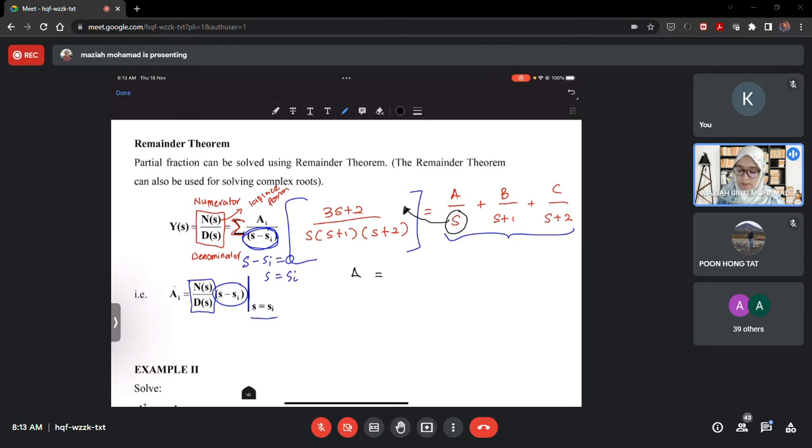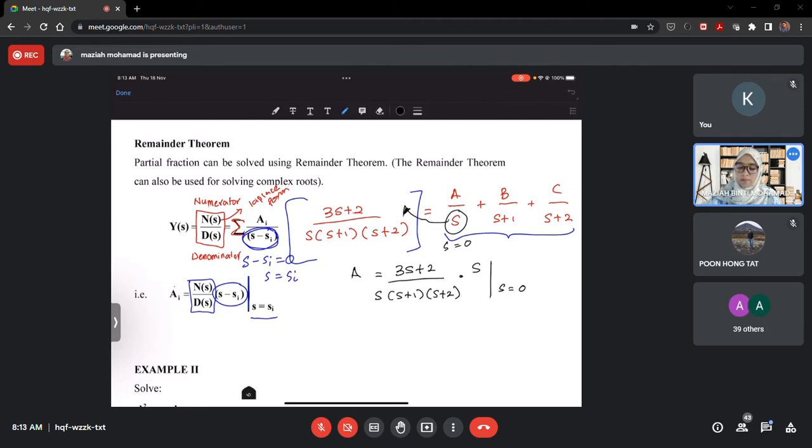So we have 3s plus 2 over s plus 1, s plus 2, multiplied with s, where we consider s equal to 0, because it's based on here, s equal to 0.